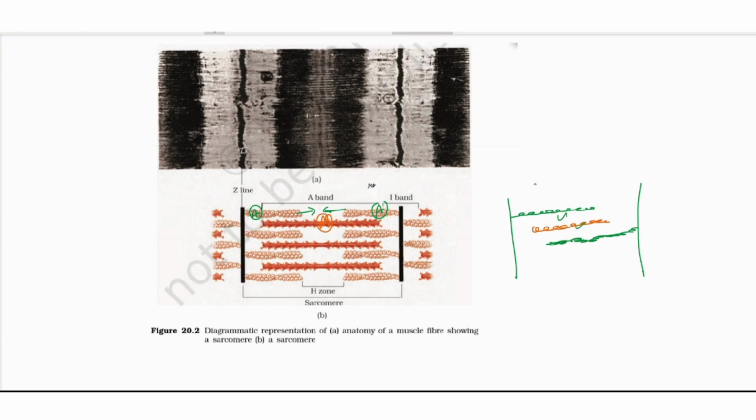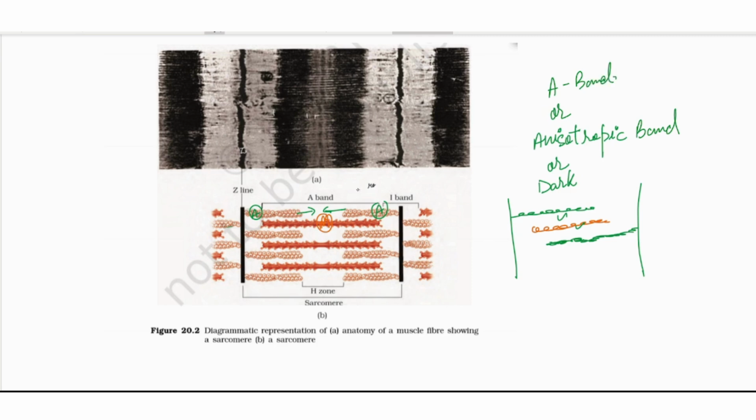Because of that, there would be the dark band, and this dark band is known as the anisotropic band, also known as the A band.